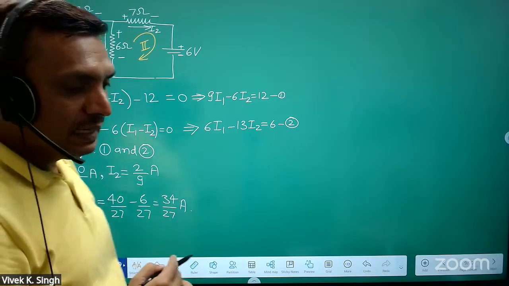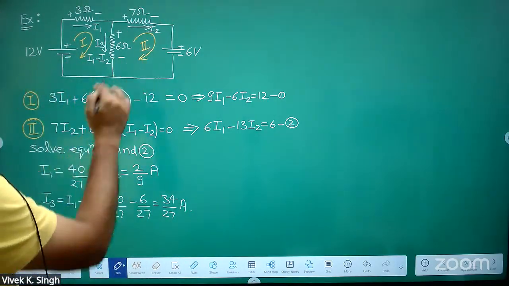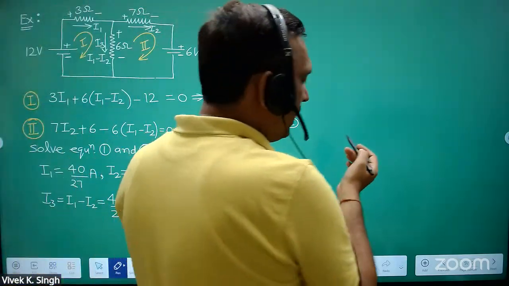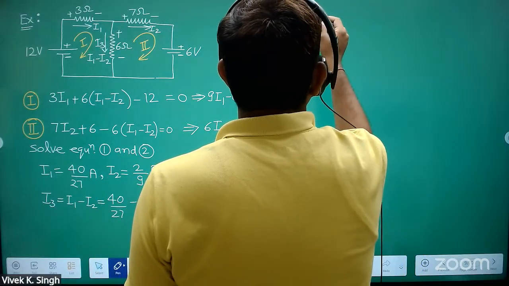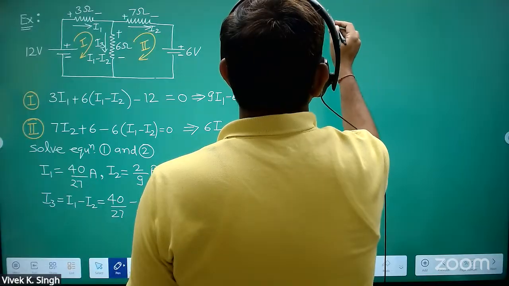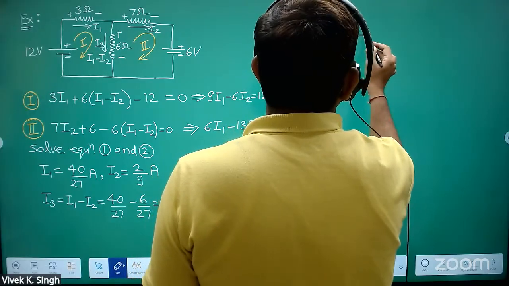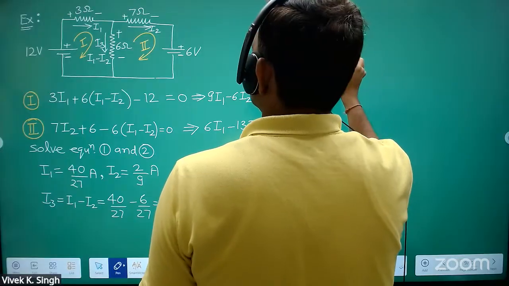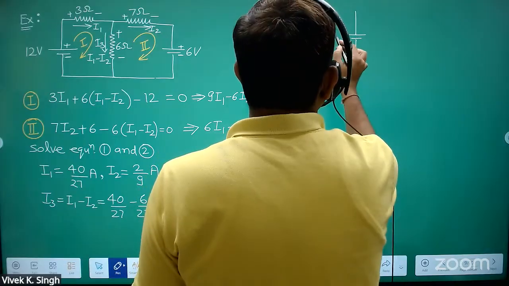Now let's change the polarity of these two voltage sources, or interchange the voltage source, and then see what will happen. This I am taking as 6 volt.